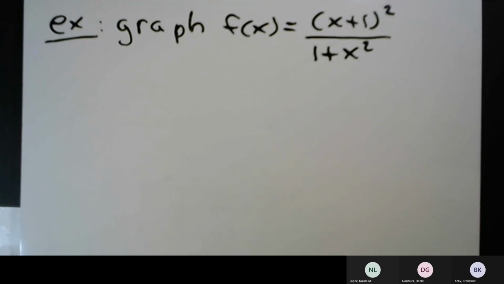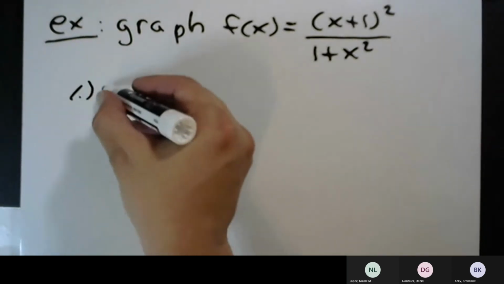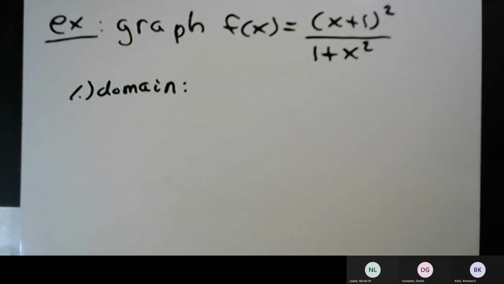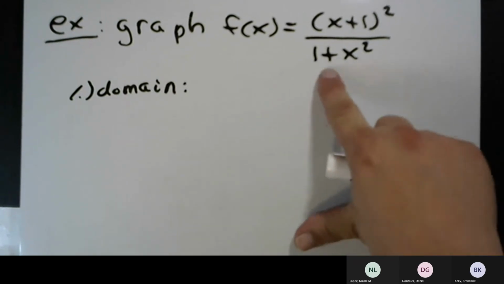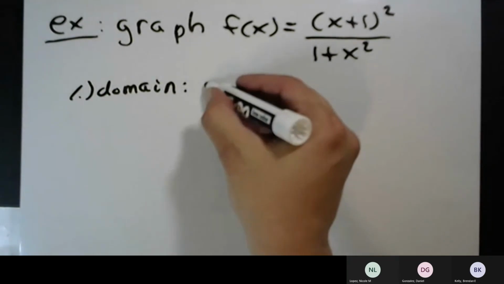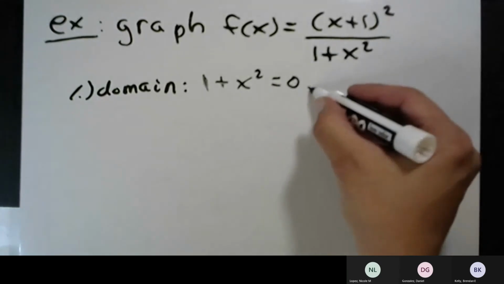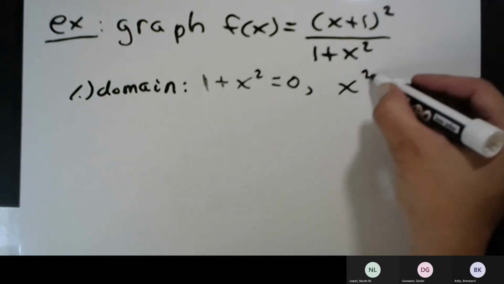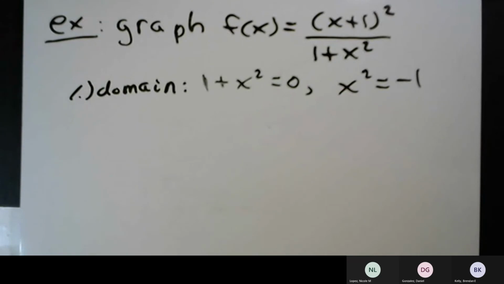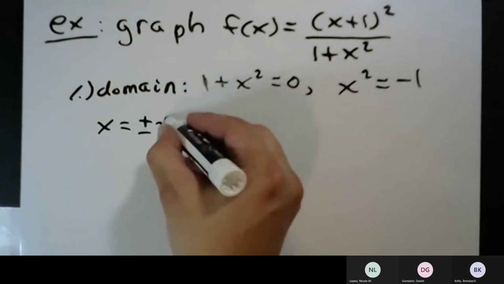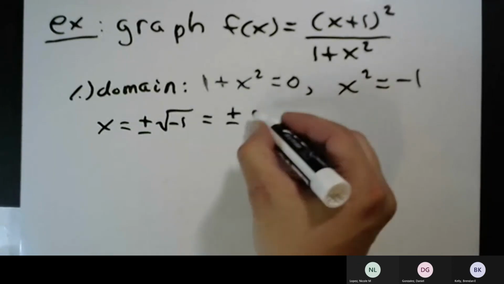So if we take a look at this, step one, domain. If we take a look at the domain in this one, well, there's no way this can ever become 0. Because if you try to set it equal to 0, you'll get x squared is equal to -1. And you're going to get x equals plus or minus the square root of -1, which is plus or minus i.